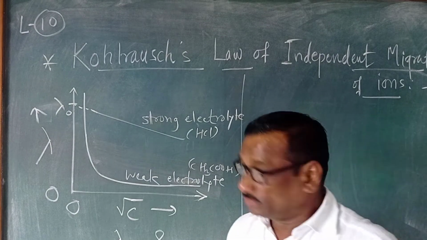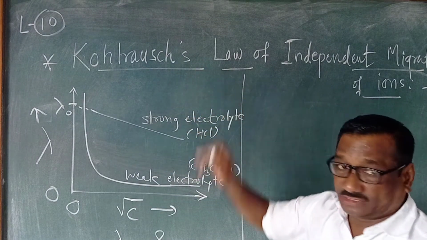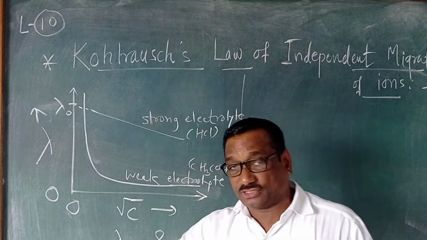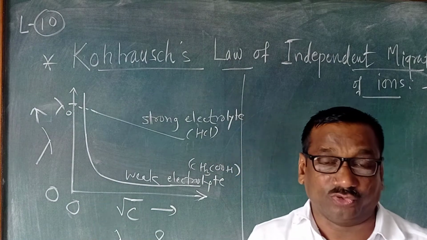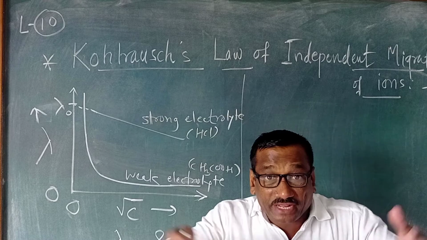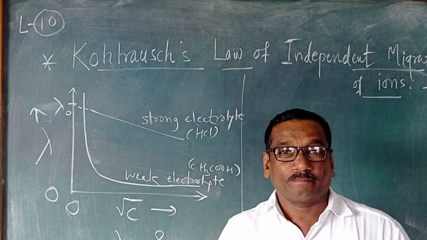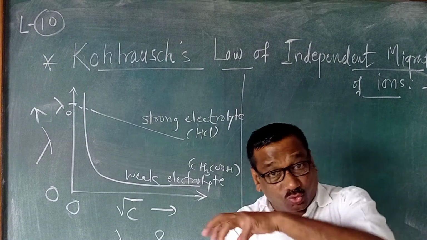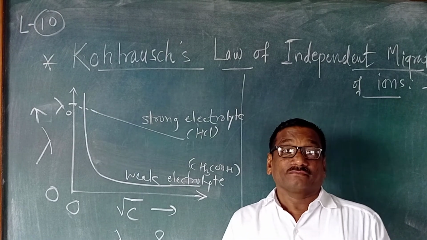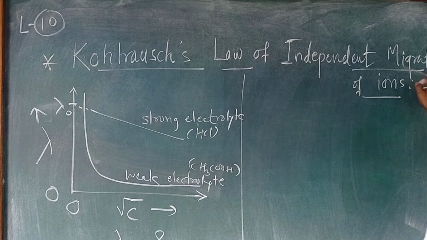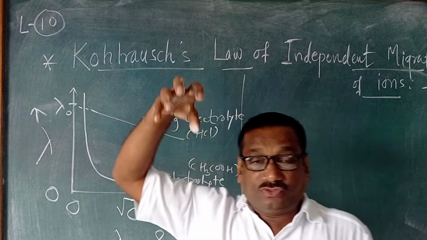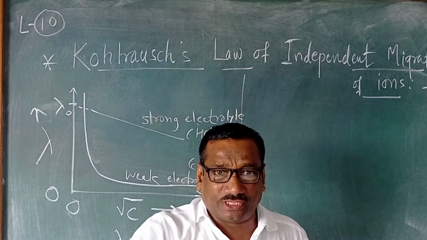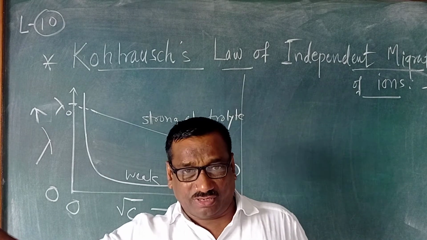And therefore Kohlrausch says that at zero concentration or infinite dilution, each ion migrates independently from its co-ion. What is the statement of Kohlrausch law of independent migration? The solution is so diluted that there is no further change in equivalent conductance.